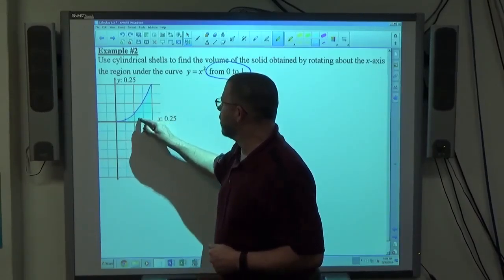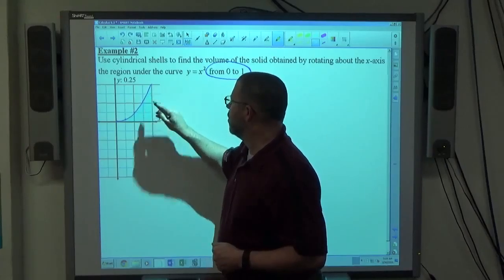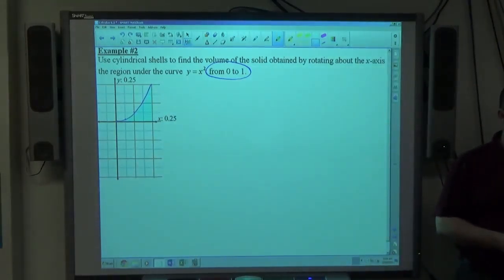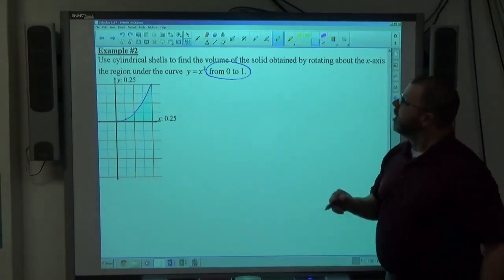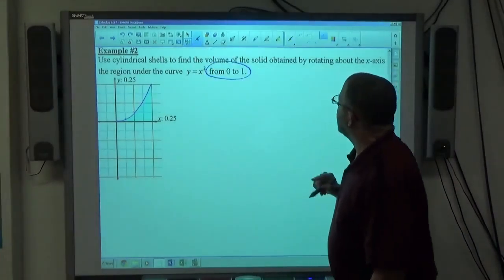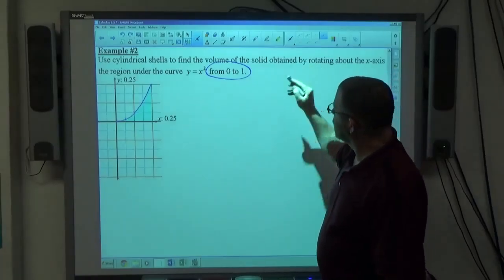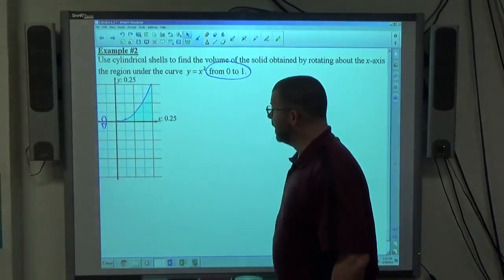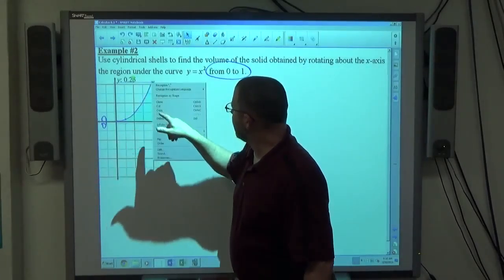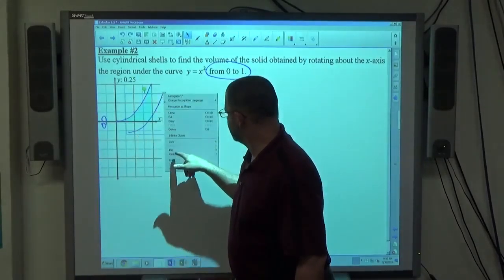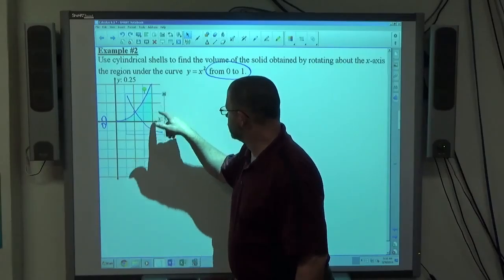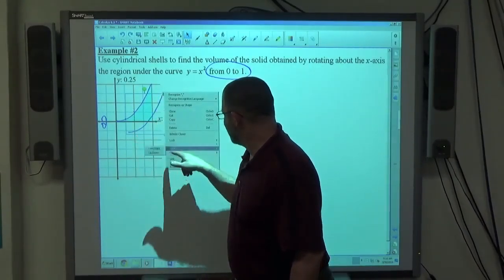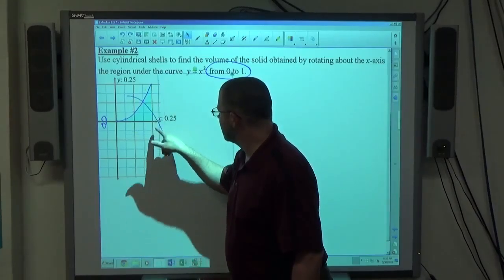Again, we always want to shade our original region. That helps establish where we're going for the radius and height of this cylinder that we're going to create. Okay, the rotation this time is about the x-axis, so our rotation goes this way, which means that if I just reflect that, up, down, there we go.